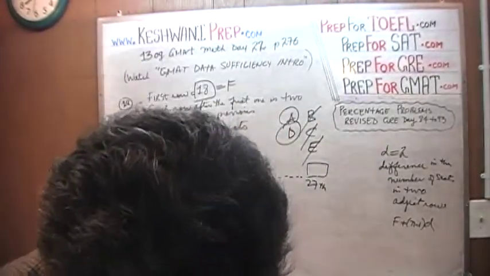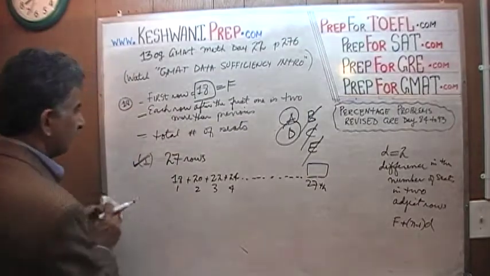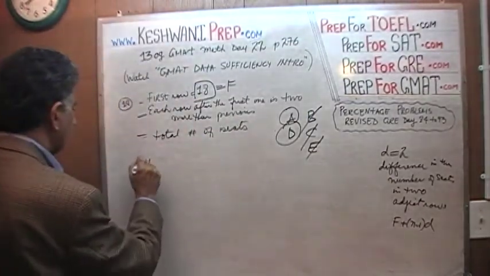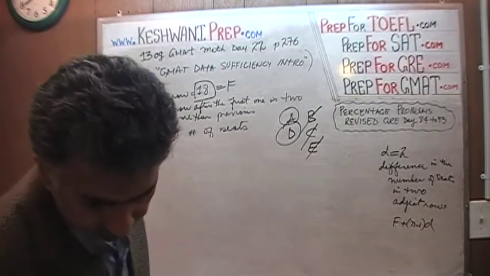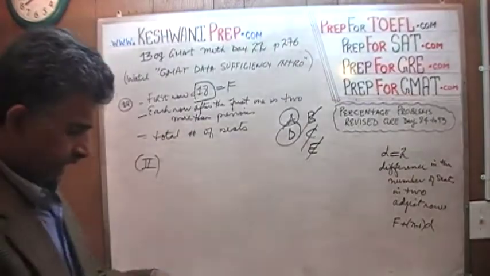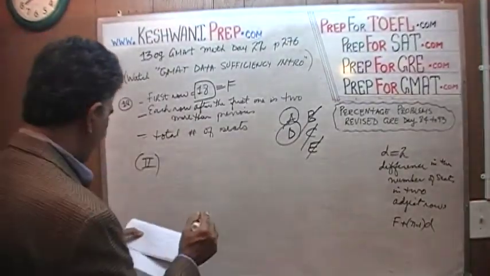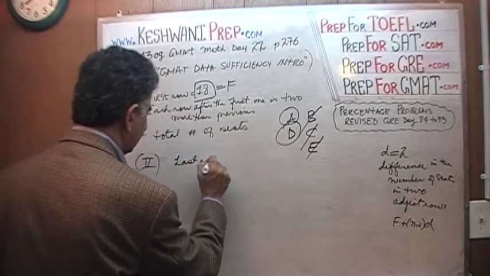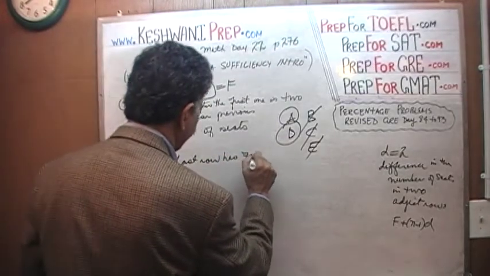Let's look at the second statement. The second statement tells us that the last row has 70 seats.